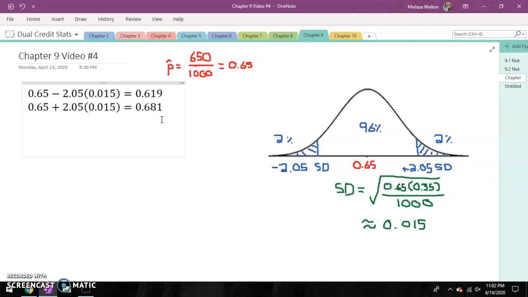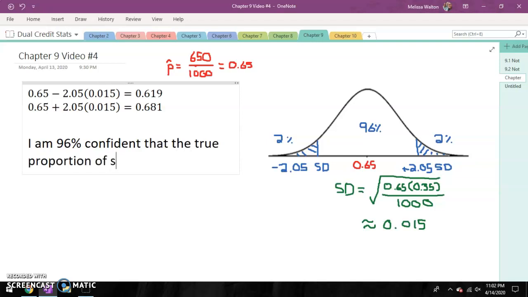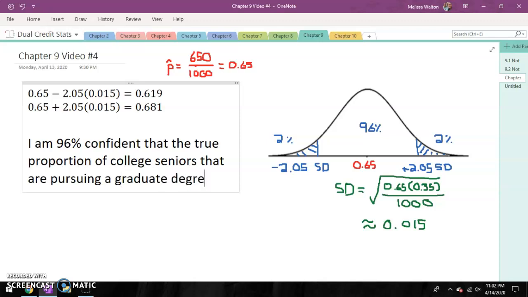But here's what we can conclude: I am 96% confident that the true proportion of college seniors pursuing a graduate degree is between 0.619 and 0.681.